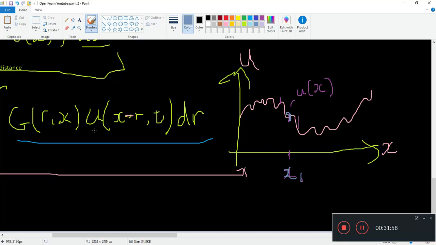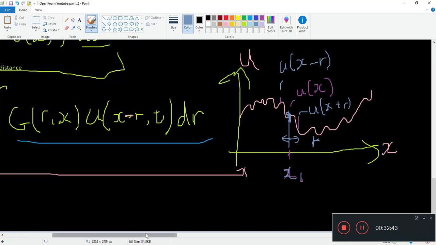So yeah, I can use another variable r to denote length, right? So if I fix this at u of x, this is then u of x plus some distance r. All right, so I will fix this point and I'll say, okay, I want to vary the distance around this point. So I'll use this variable r. So here is u of x plus r, and then here, this one is u of x minus r.